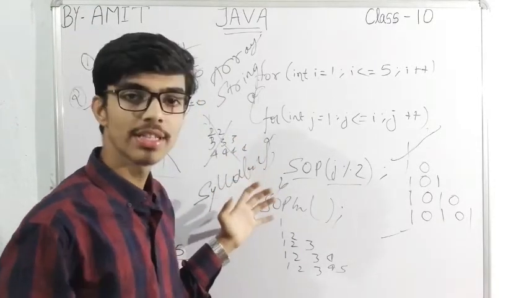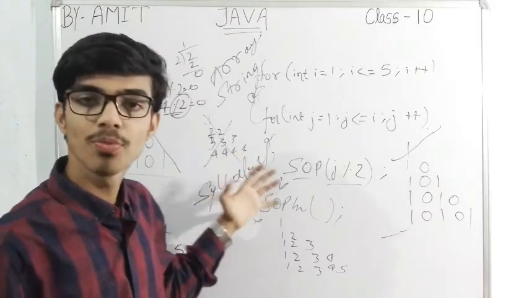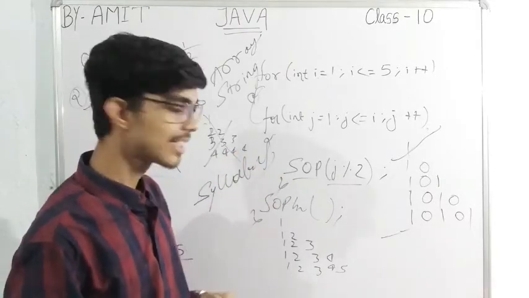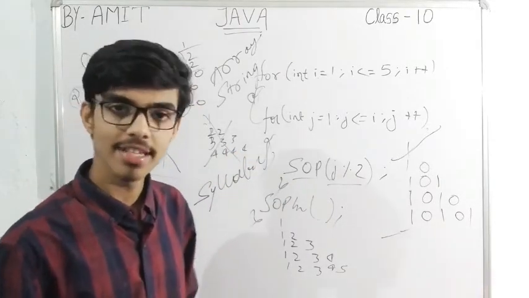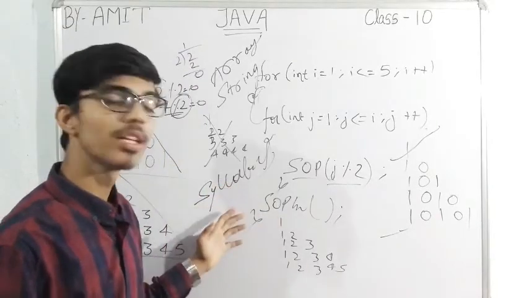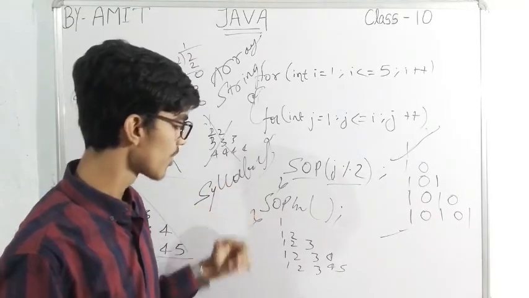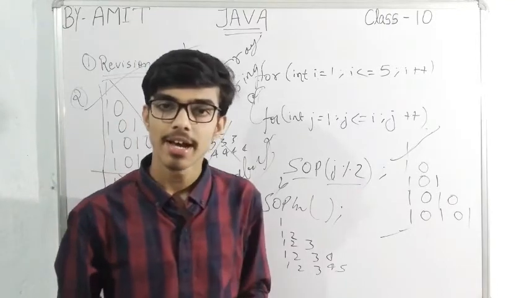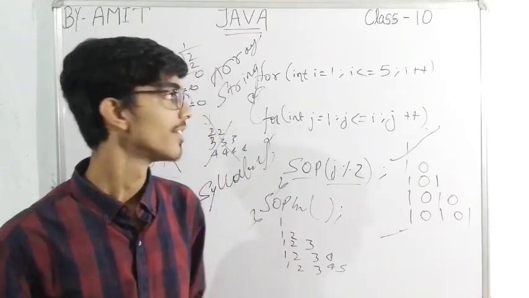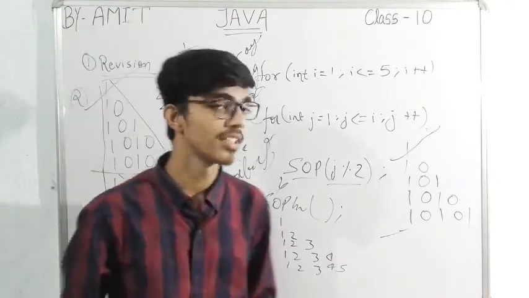You should be thorough with for loop, while, do while from class 9th, and only then can we do further programs in class 10th and develop our programming skills. So this is very important.